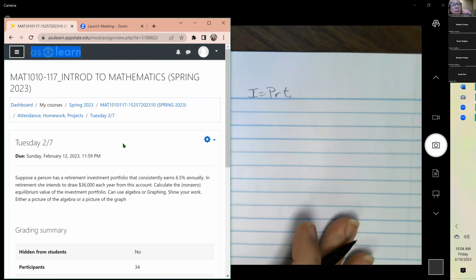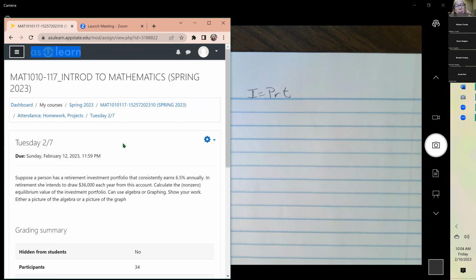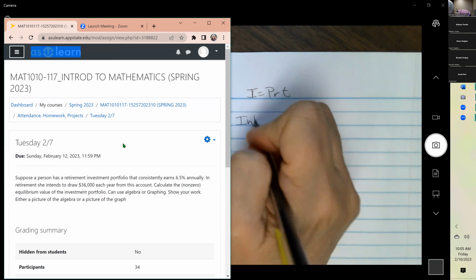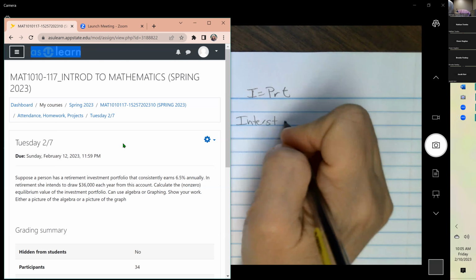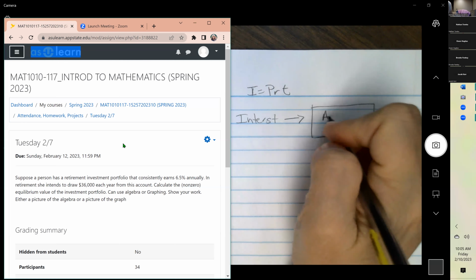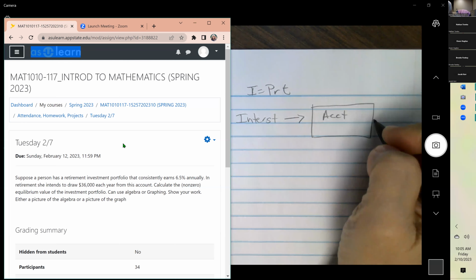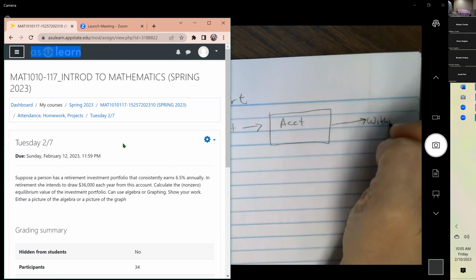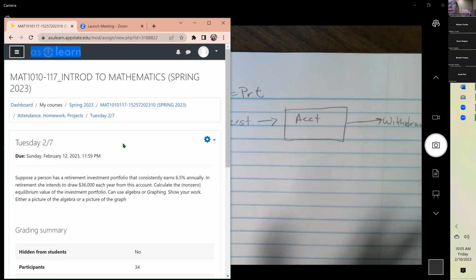So what's happening is she wants her interest that goes into the account to be the same as her withdraw. The withdraw is the 36,000.